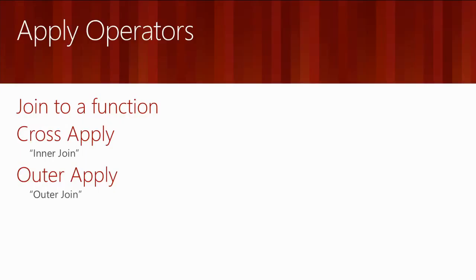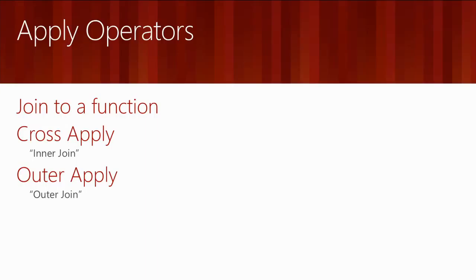Now, where things get a little bit funny is in the syntax. It's a little bit of a misnomer. Outer apply is going to behave just like you would expect. It's like an outer join, keyword outer. So if I pass in a value and it doesn't give me anything back, then it's going to give me back null.